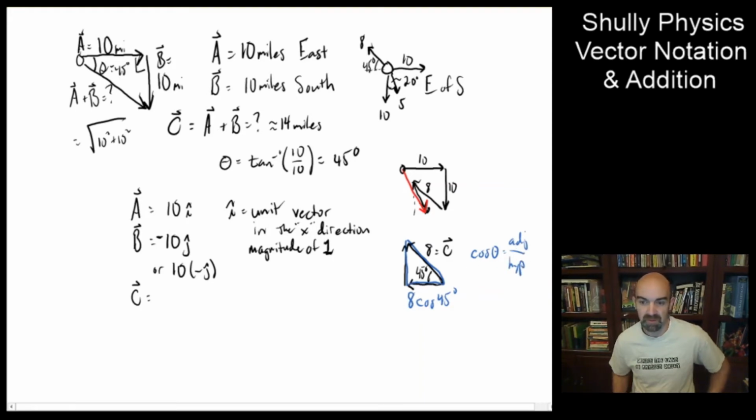So if we were looking for the adjacent side to the angle of 45 degrees, we would have cosine 45 equals our unknown adjacent side divided by the hypotenuse, and that magnitude is 8. So if we multiply both sides by 8, the 8 would cancel over here, and we get an 8 in front of our cosine 45. So that's the origins of the 8 cosine 45. And likewise, we'd use a sine function over here to reveal that the vertical component here is 8 sine 45.